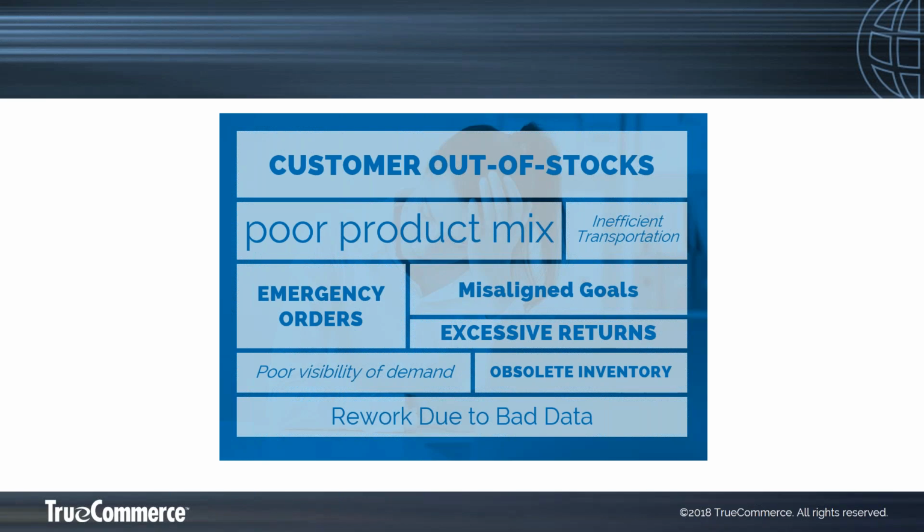Excessive returns, in general poor visibility of demand, obsolete inventory, where there is a difficulty in phasing in and out the new and the old products, and additional admin work and dull work due to bad data and old data involved in the process.